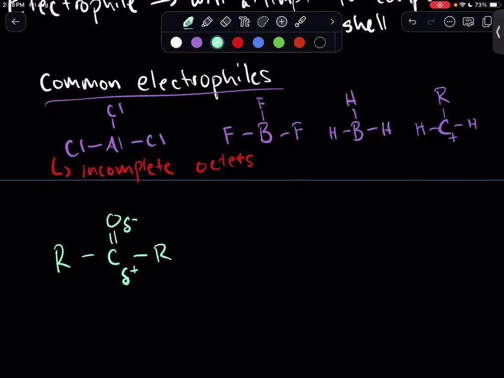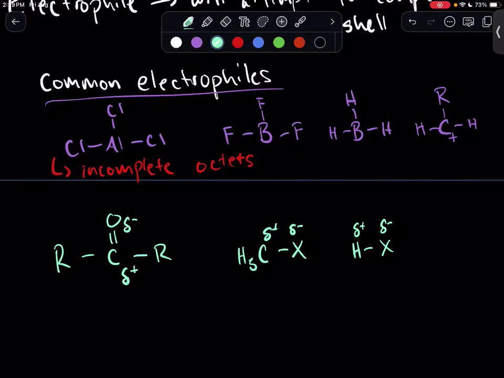We can also look at any halogenoalkane. That bond to some halogen is going to create a partial positive and partial negative charge. So we have that positive region. Also, any hydrogen halide will act as a good electrophile.